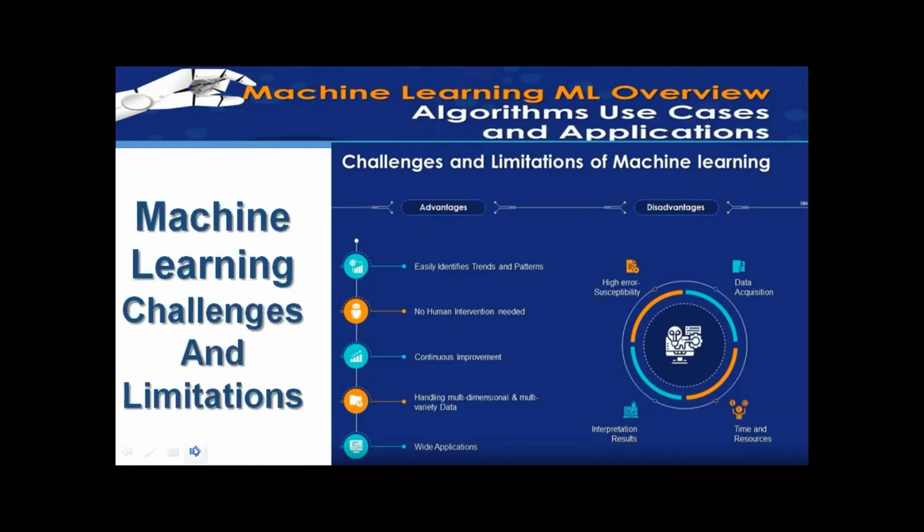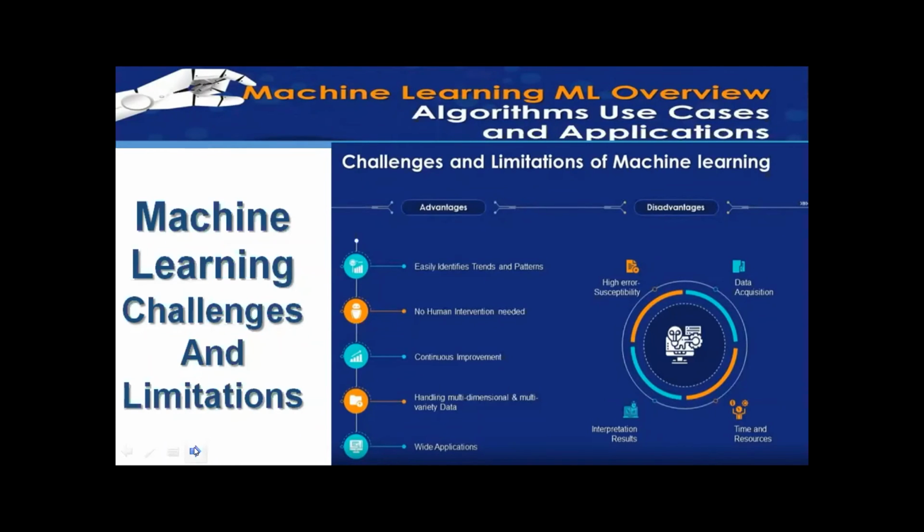Then we have continuous improvement. Handling multi-dimensional and multi-variety data is easy, and we have a wide range of real-life applications like enhanced cybersecurity and spam detection. So these are the main advantages of machine learning techniques.